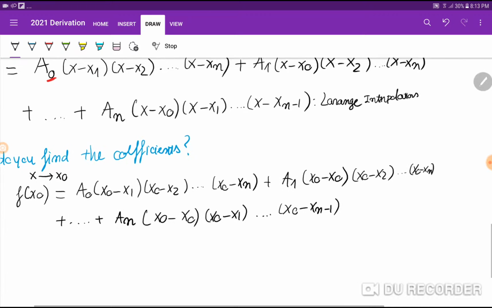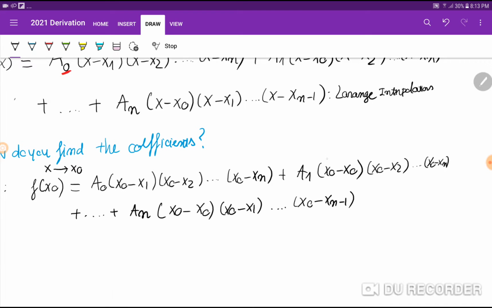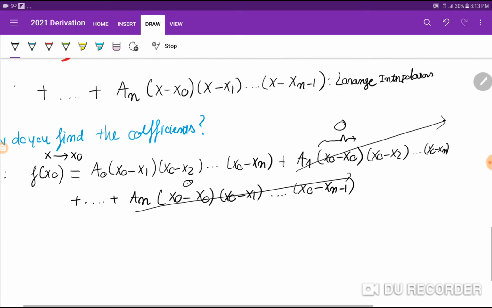So you notice something: this thing is 0, right? So all of this vanished, just like a Thanos snap. And this also has x0 minus x0, so this becomes 0. So all of this, kaboom, goes away. So you have what?